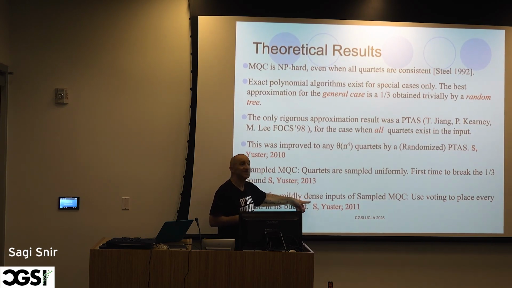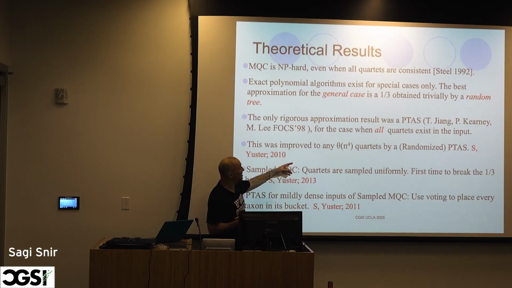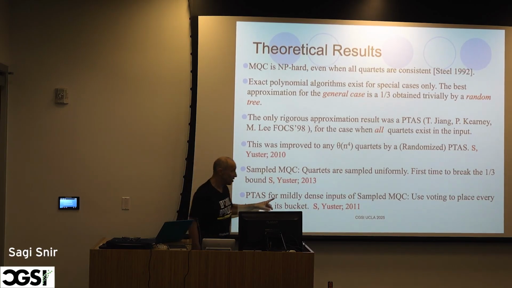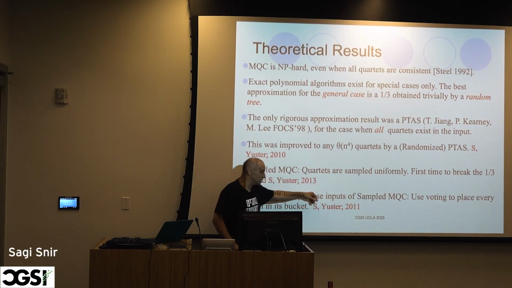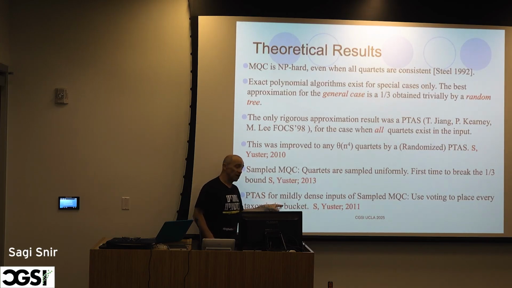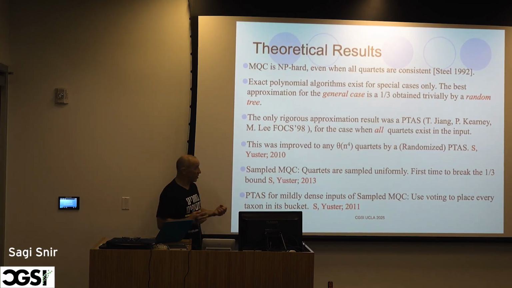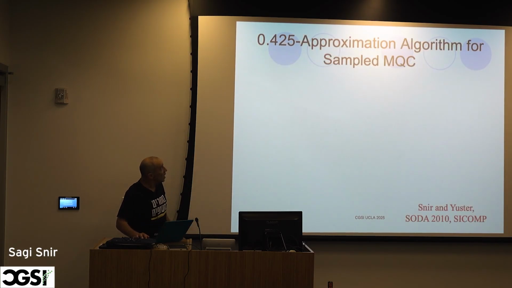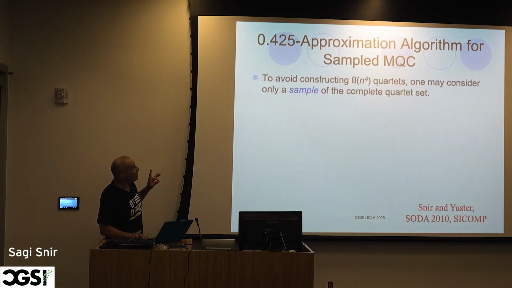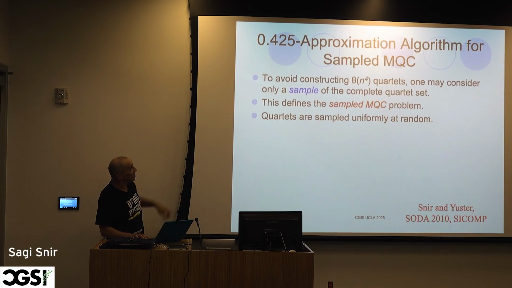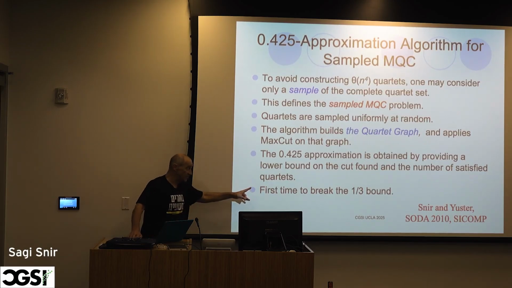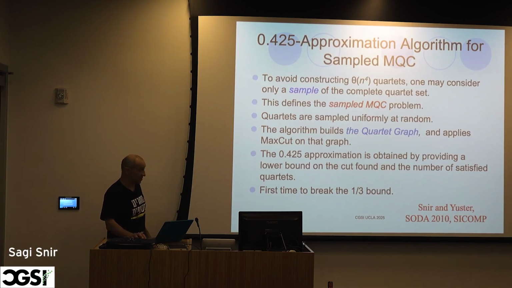Although it is dense, it is much sparser than here. We sampled MQC, and we could show some very precise approximation. I will skip that; this is our approximation algorithm, and it is quite technical. I don't want to delay on this. But like I said, it's the first time to break the bound of a third.